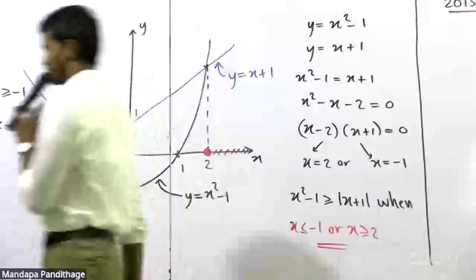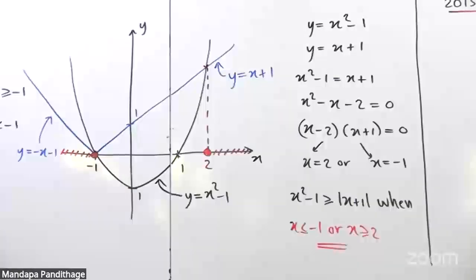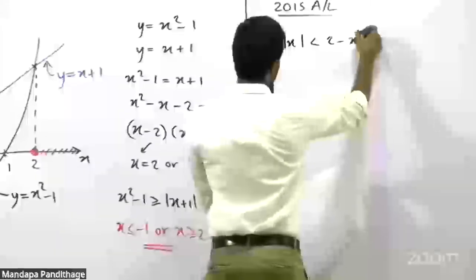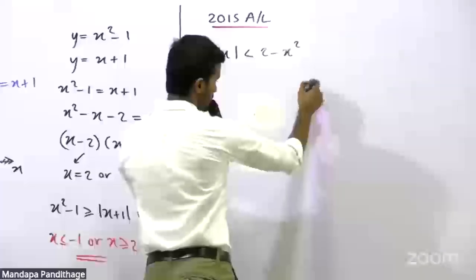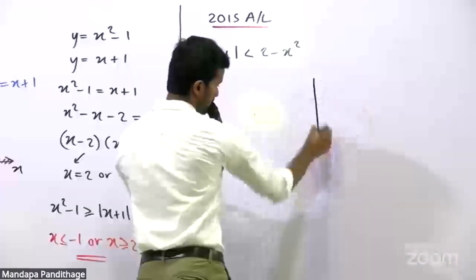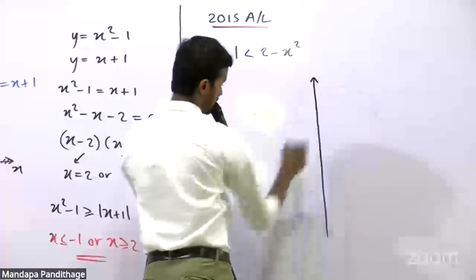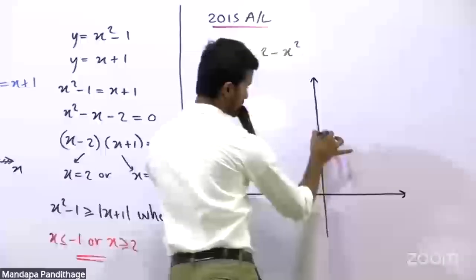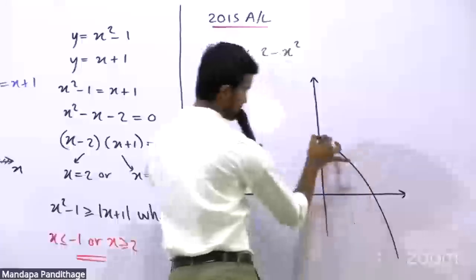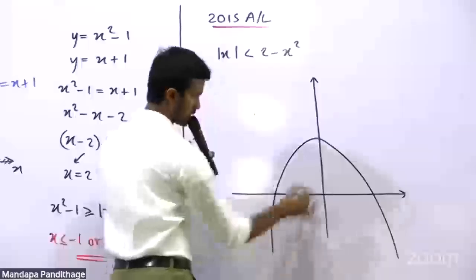Okay, so in 2015, we got the inequality modulus x is less than 2 minus x squared. So 2 minus x squared means the minus x squared plus 2 graph. So when you sketch these two, minus x squared plus 2 goes in this way. Clear?